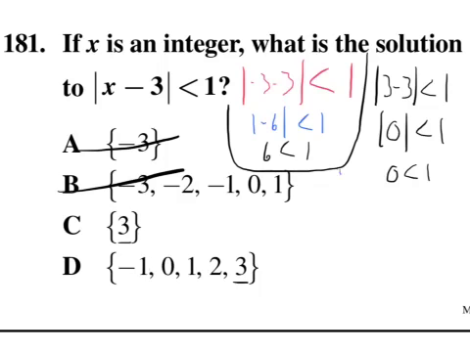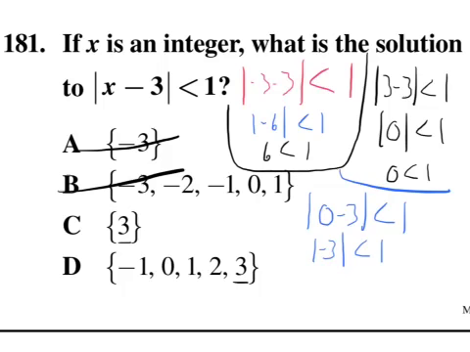So I'm going to go up here, leave some space. I'm going to go to the absolute value of 0 minus 3. Is that less than 1? Let's see. What does that equal? Doesn't that equal -3? So what's the absolute value of -3? It becomes positive 3. So is 3 less than 1?